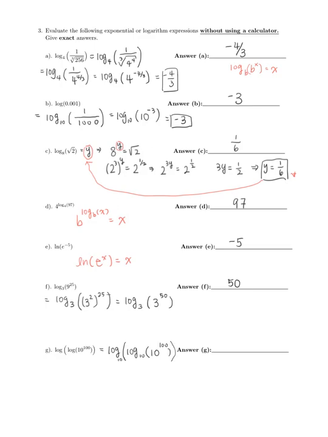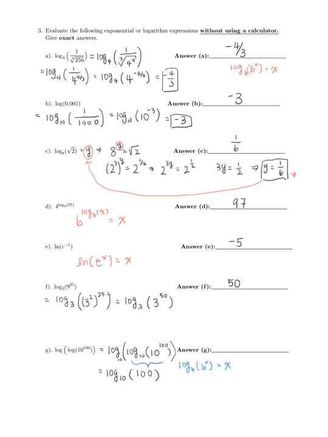Now notice that we have log base b of b to the x. This is going to give us just the x back. So in this case, what we're going to get here is log base 10 of 100.